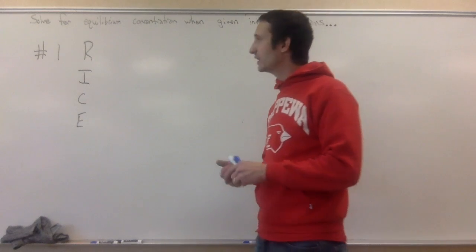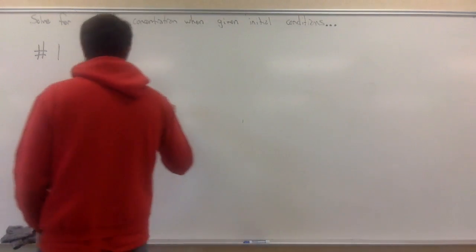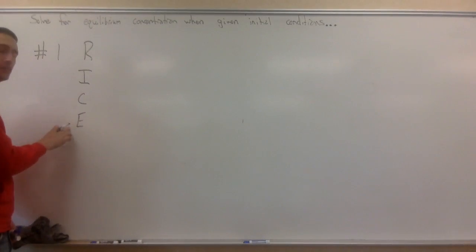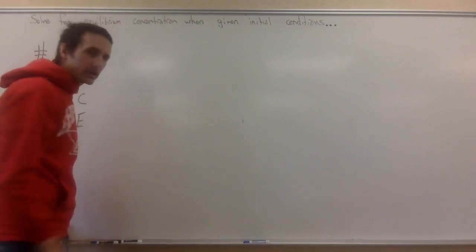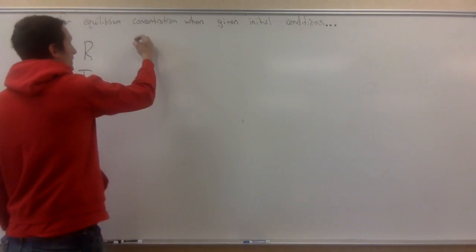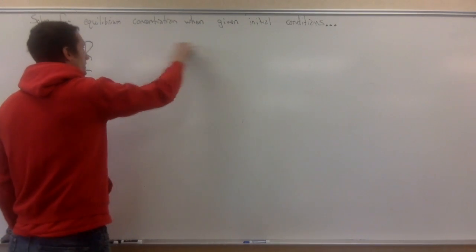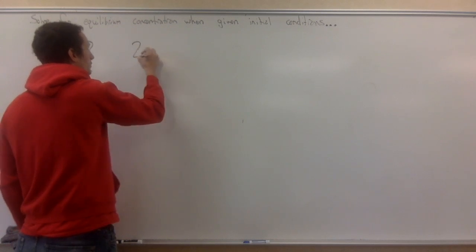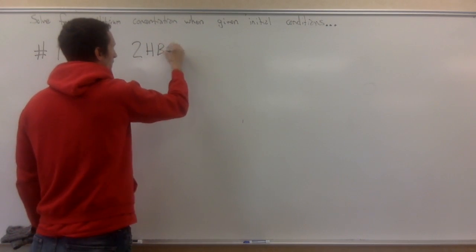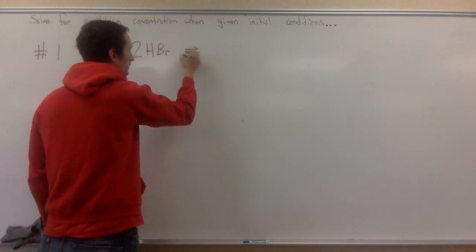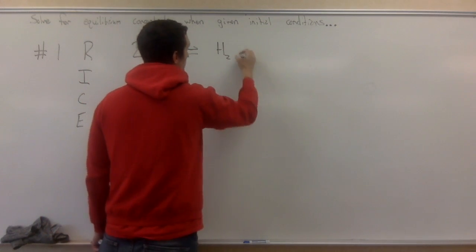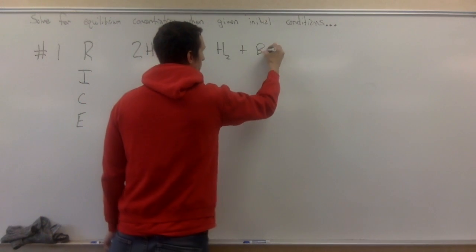We know the initial concentration of HBr. So I'm going to use my RICE table, and we're going to plug in our numbers and work through this problem. The reaction, that's my R line, is 2 HBr makes H2 and Br2.